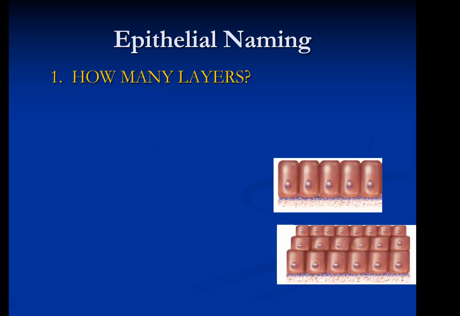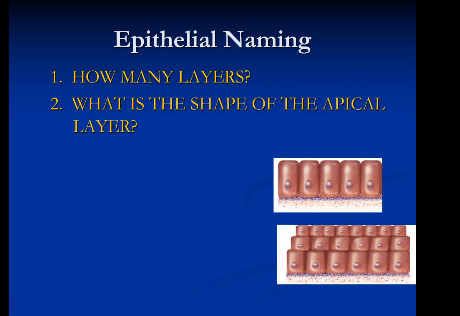For naming epithelial tissue, the first thing you do is look at how many layers there are. And then, what is the shape of the apical layer? If you look at it and you see one layer, you call that tissue simple.